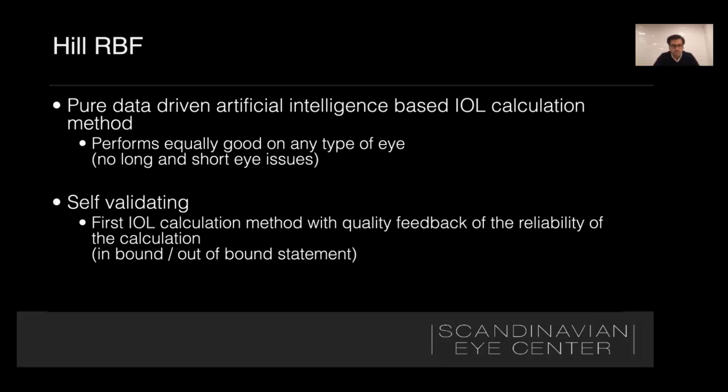So this is a method, a calculation method, right? It's not a formula, purely data-driven by artificial intelligence. It's self-validating. It's the first method with quality feedback on the reliability of the calculation with the in-bounds and out-of-bounds statements.